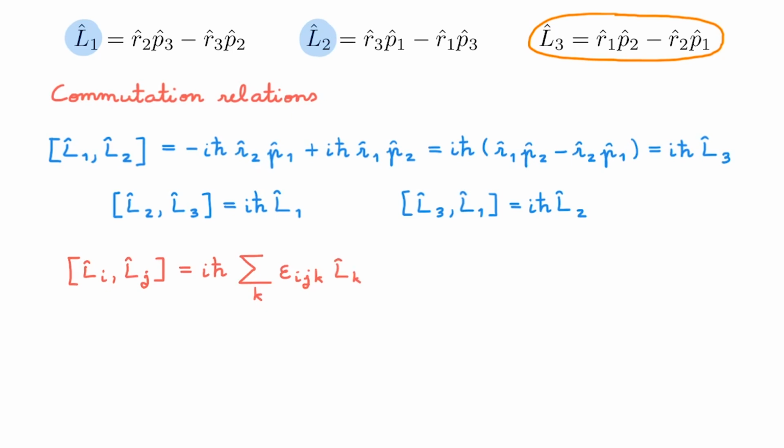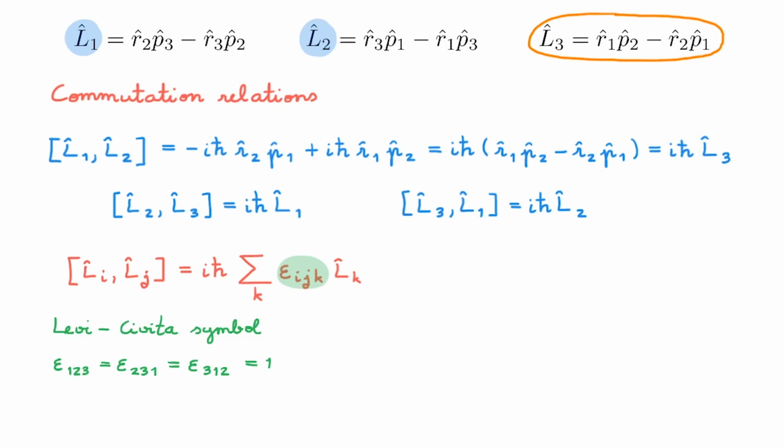In this expression, epsilon ijk is called the Levi-Civita symbol, sometimes also called the antisymmetric symbol, and it is defined as follows. When the subindices are all different and they appear in the order 1, 2, 3 or any cyclic permutation, then it is equal to 1.